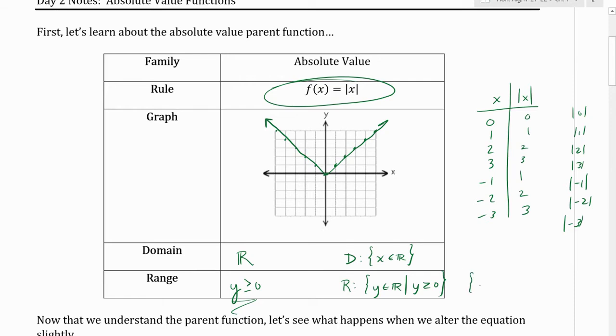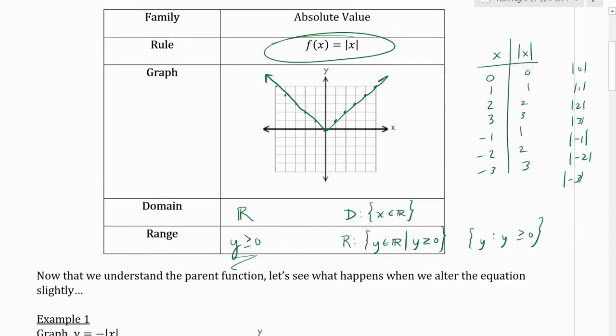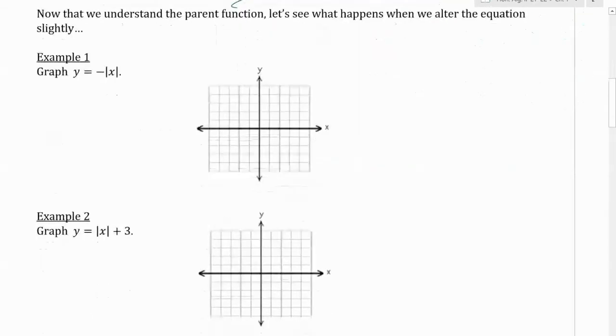Or you might see all y's such that y is greater than or equal to 0, because if you don't tell your reader that you're talking about the real numbers, you're talking about the real numbers. If you want to talk about some other set of numbers besides the real numbers, you need to designate it.